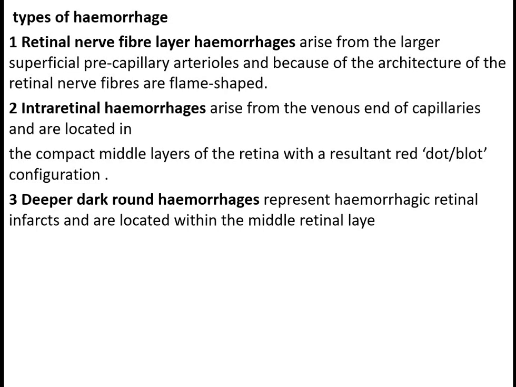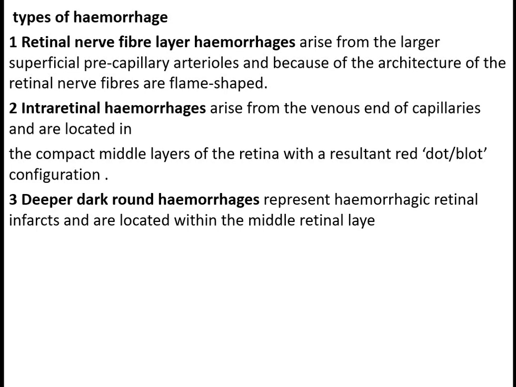Secondly, intraretinal hemorrhage, which arises from the venous end of the capillaries and is located in the compact middle layer of the retina، ويبين كأنه dot blot hemorrhage. أما إذا كان الهemorrhage more deep, it will appear as a dark round hemorrhage.